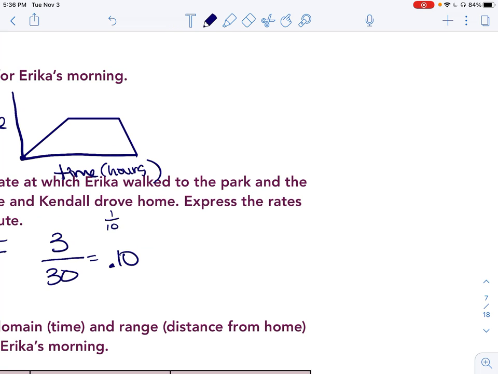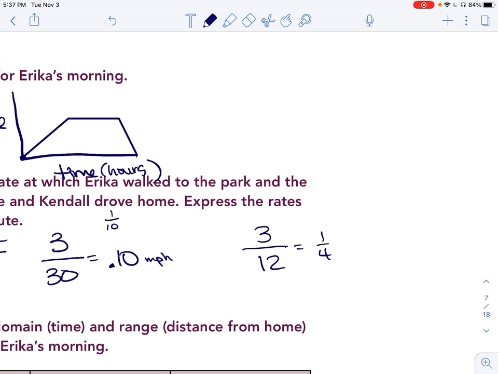Okay, and that would be miles per hour. But then she also was traveling 3 miles, but it only took her 12 minutes to get home. It didn't take her 30 minutes to get home.